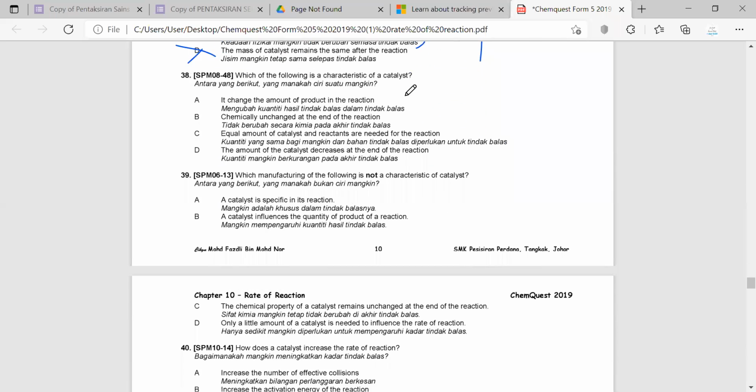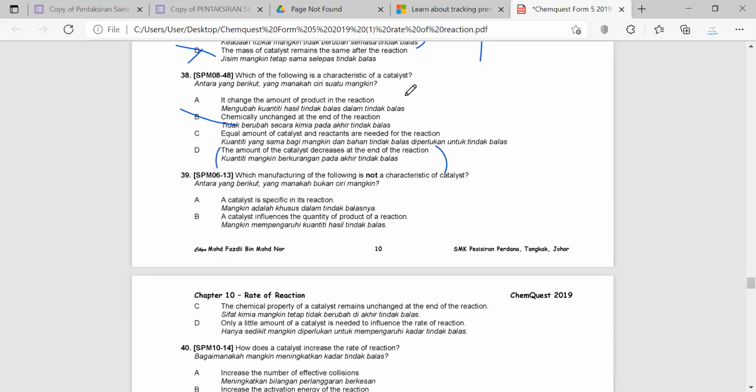Okay, quickly, next one. Which one is the characteristics of a catalyst? Yang ni facts, ya, facts. Cikgu B ke cikgu? Betul, jawapan dia B. Okay, so again, your amount of catalyst will never change one.